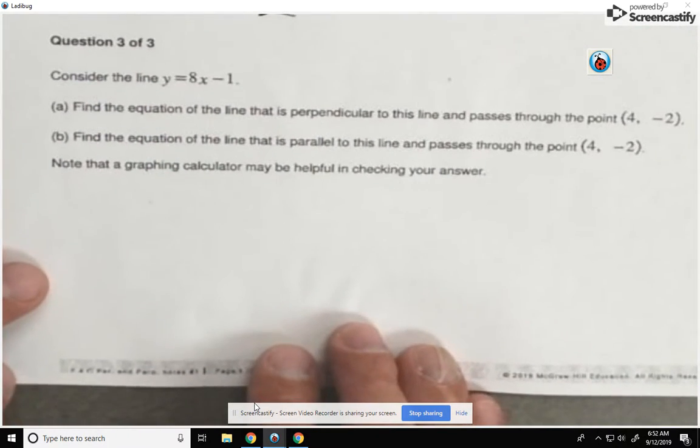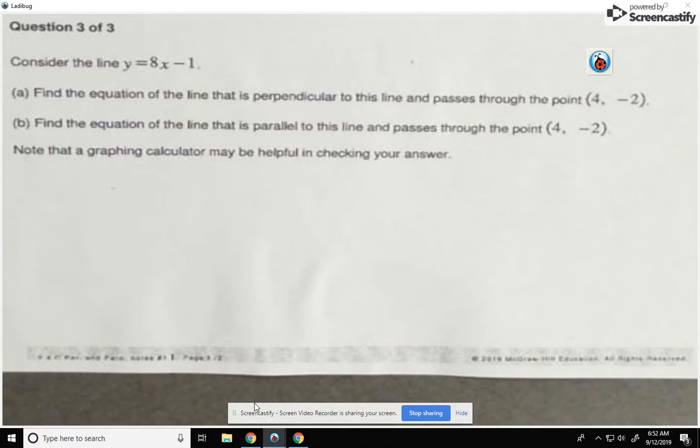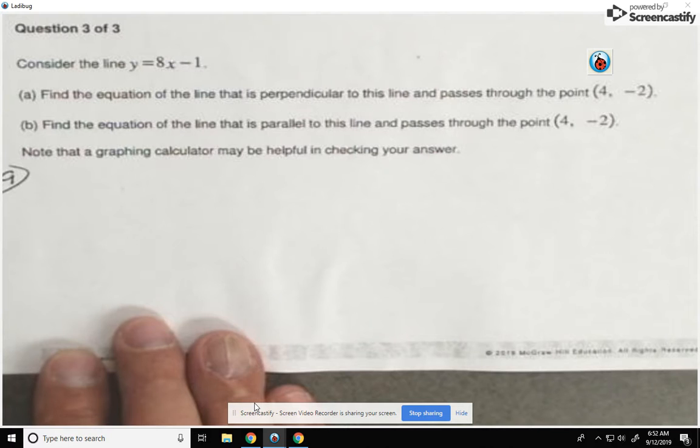Okay, question 3 goes a little bit further. This time you're given an equation and you want to find a line that is parallel and perpendicular to it, that's going through specific points. So question A says, find the equation of the line perpendicular to the line and passes through (4, -2).